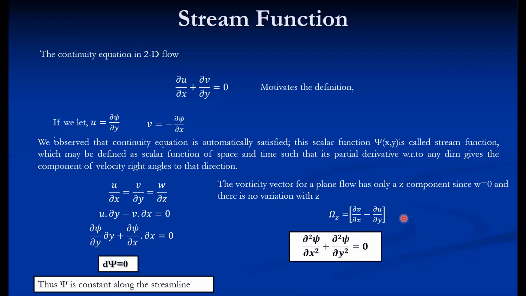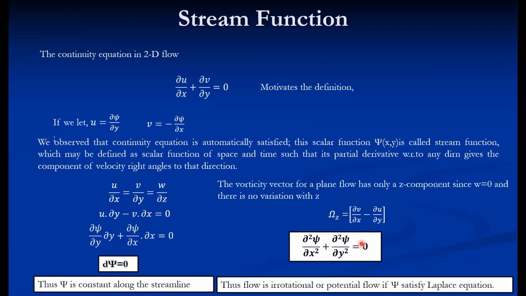It is 0 for irrotational flow. This is not automatically zero. If this is equal to zero, that is a Laplace form, then the flow is irrotational. That means if the ψ function satisfies the Laplace equation, then it is a possible case of irrotational flow.